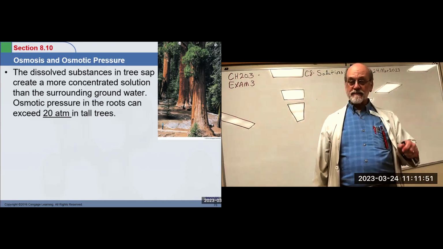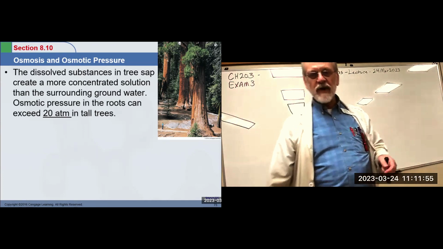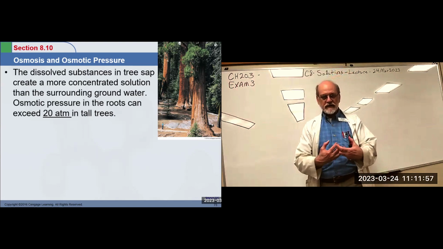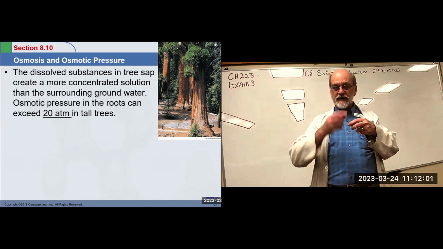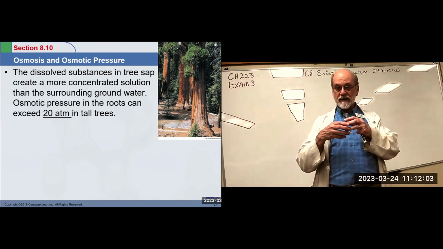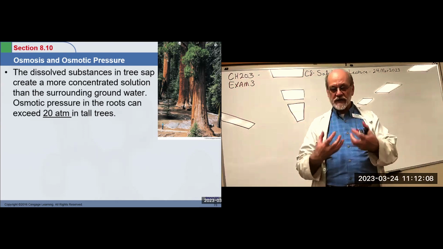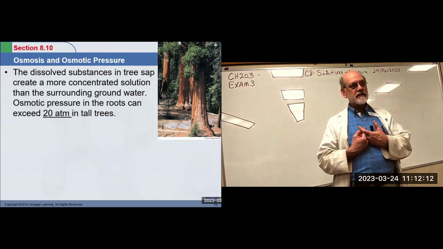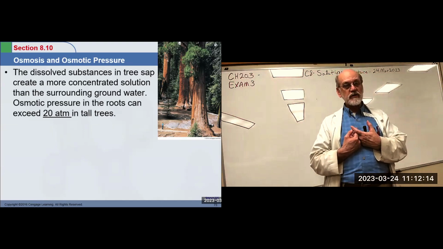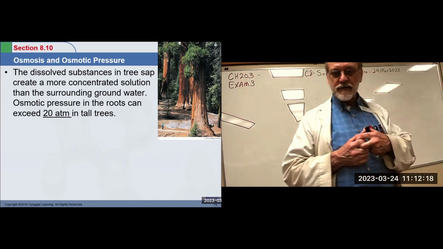Well, as a matter of fact, it's osmotic pressure. The osmotic pressure in the roots of the tree, right? Each of the cells in the tree roots has a semi-permeable membrane around it, and there is concentration of solutes in the cells sufficient so that you build up an osmotic pressure of 20 atmospheres, right? 20 atmospheres.